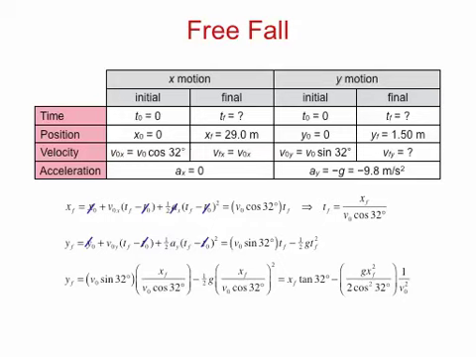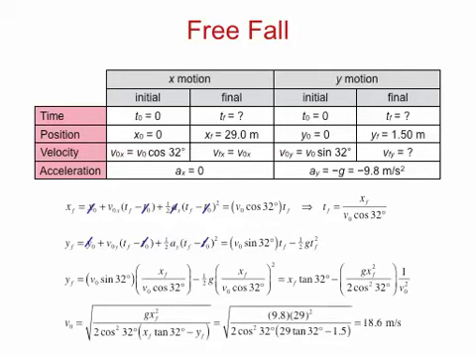This is kind of an ugly equation, and it would be perfectly reasonable to insert numbers at this point to tidy it up a bit. But just for fun, I'm going to leave it in terms of symbols and insert numbers only at the very end. And here's the expression that results. After inserting numbers and evaluating, we find that the initial speed is 18.6 meters per second.